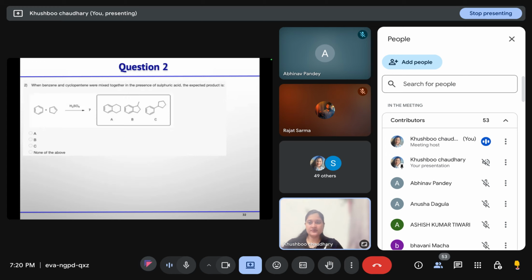Okay, next question. When benzene and cyclopentene were mixed together in the presence of sulfuric acid, the expected product is A, B, or C. First of all, with sulfuric acid, which one of them will react? Benzene or your cyclopentene? Cyclopentene.